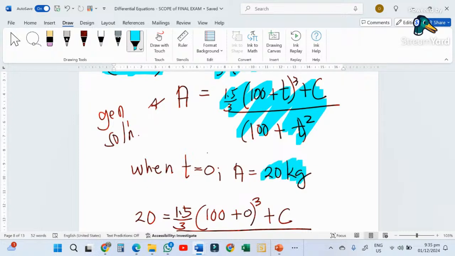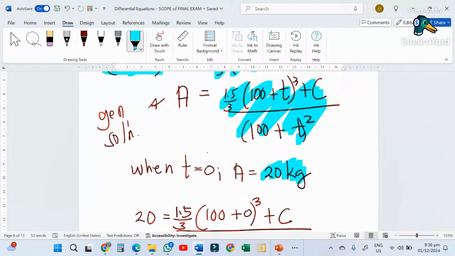It says in the question that the container has 20 kilograms of salt and 100 liters of water. Then brine of 0.5 kilogram per minute is added, while the outflow is 2 liters per minute, as the brine is added to the container at a rate of 3 liters per minute.